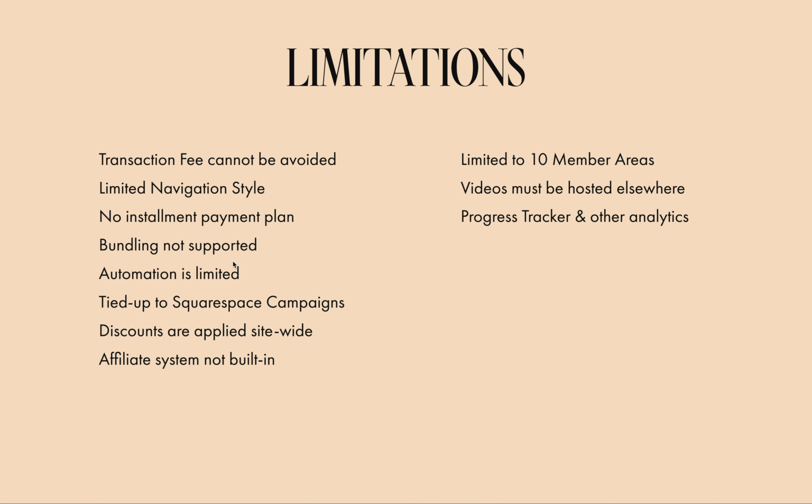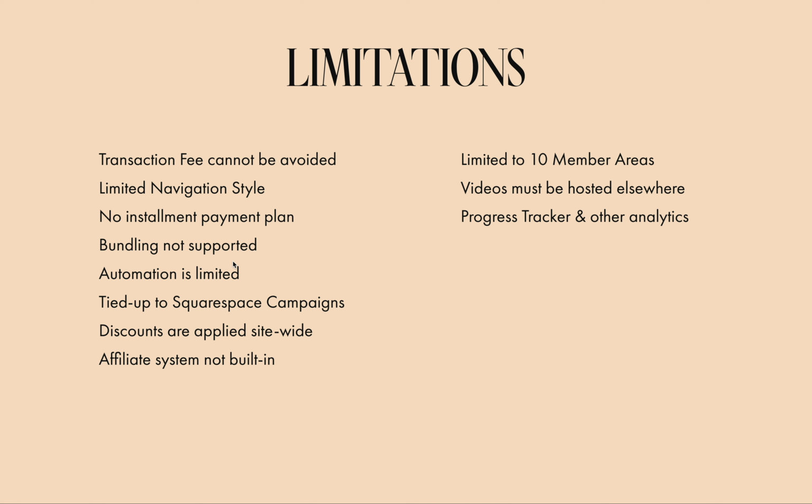We have to manually upload our members to a different email software. And that's also the reason why somehow we are tied up to Squarespace campaigns, because it only becomes automatic when we use Squarespace campaigns. And if you're using Flowdesk, ConvertKit, or other email software, it becomes a bit tedious.